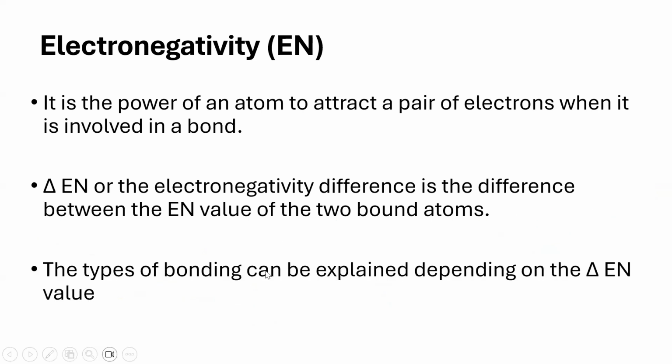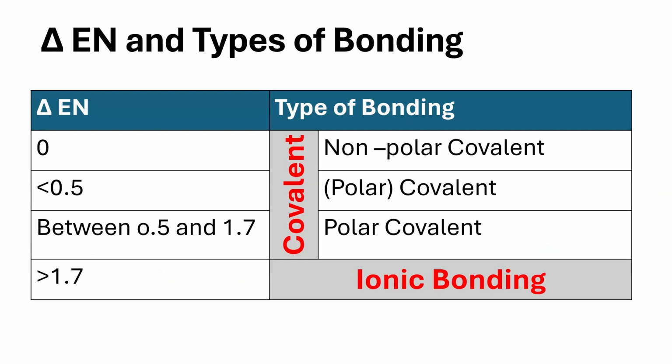The types of bonding can be explained depending on the electronegativity difference value. If the electronegativity difference is between 0 and 1.7, it's covalent. If it is more than 1.7, from 1.7 to 4, it's an ionic bond.